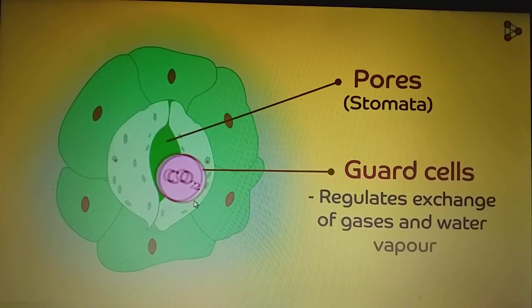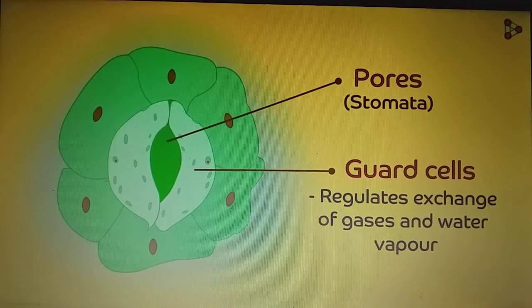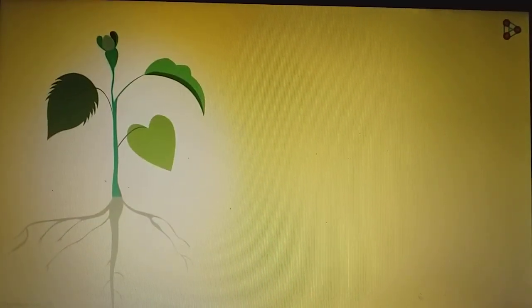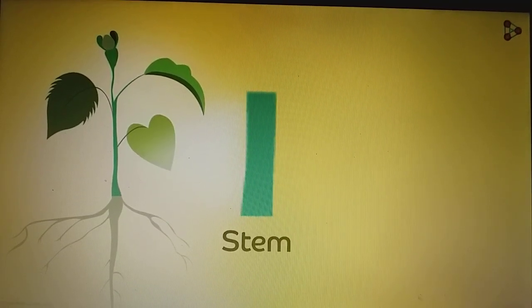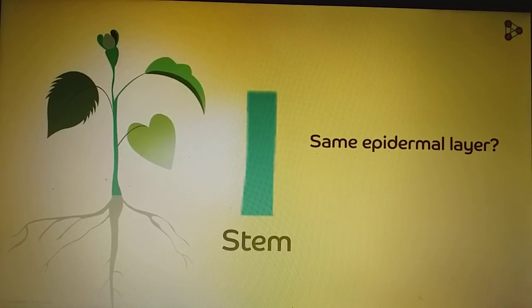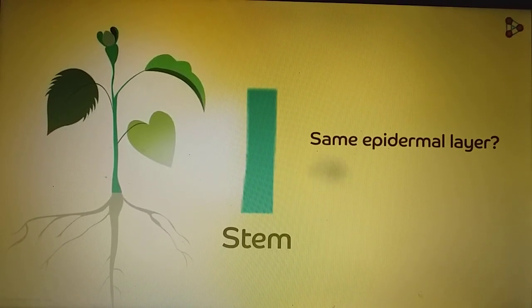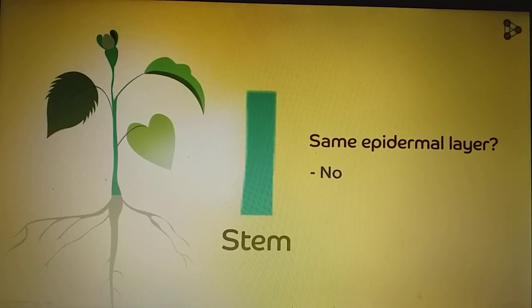So, now we will study about the epidermal layer of stem. See here. So, question may arise, do stems also have the same epidermal layer as leaves and roots possess? And the answer is no. Stems of huge trees do not even possess a proper epidermal layer.